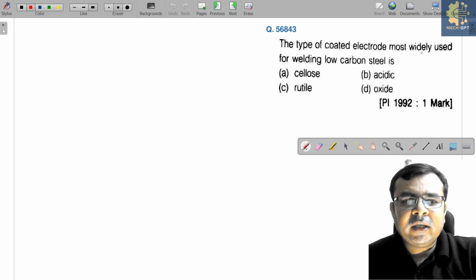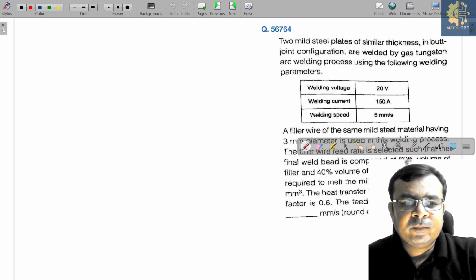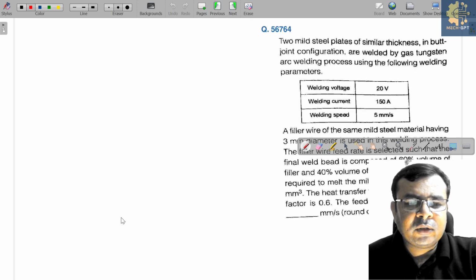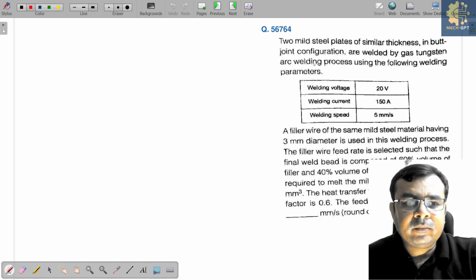The type of coated electrode most widely used for welding of low carbon steel, I already discussed with you, that is rutile, that is titanium oxide. Okay, so let's see this question. Two mild steel plates of similar thickness in butt-welded joint configuration are welded by gas tungsten arc welding.